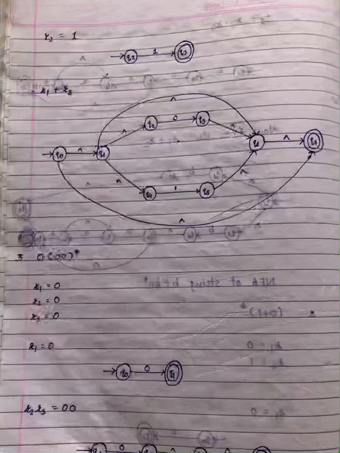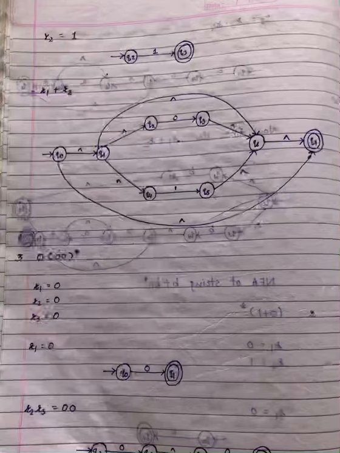Next, R2: from Q2 to Q3 on 1. By combining both, R1 plus R2, by giving them the null symbols, because we have to create a null NFA, the whole transition diagram of R1 plus R2 is shown over here.